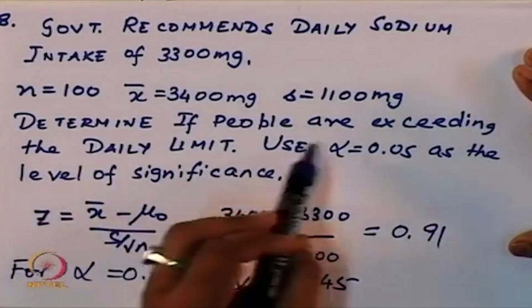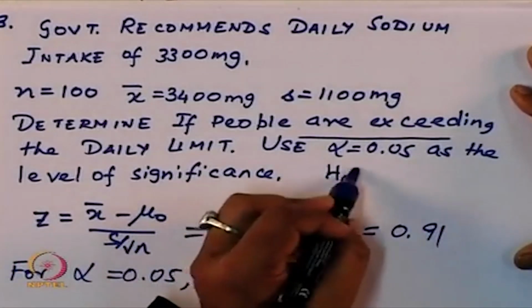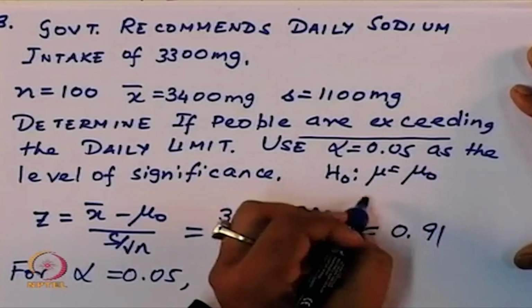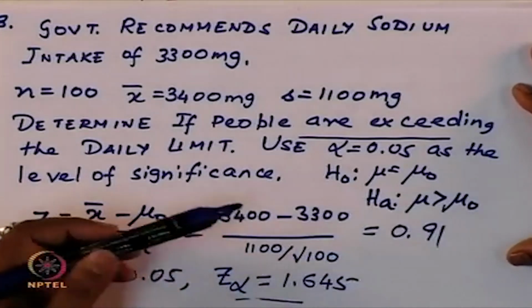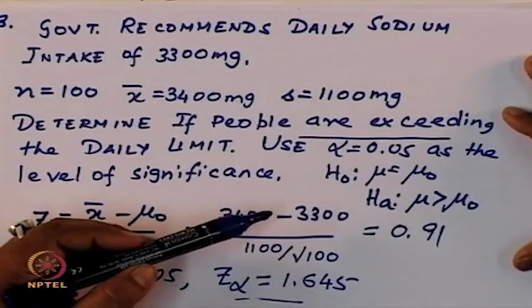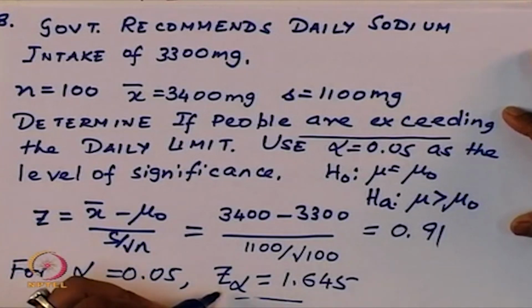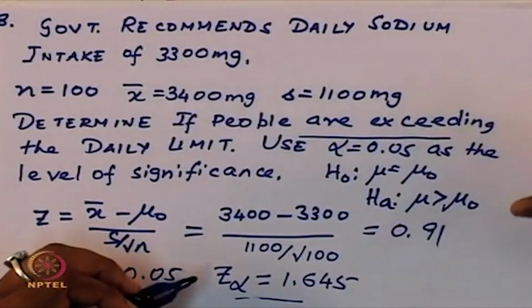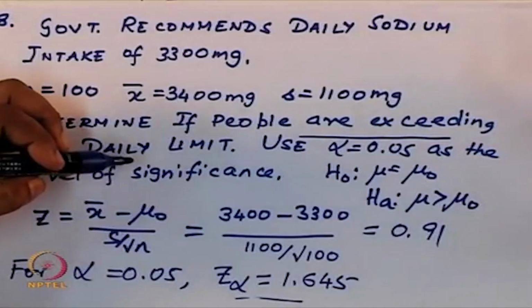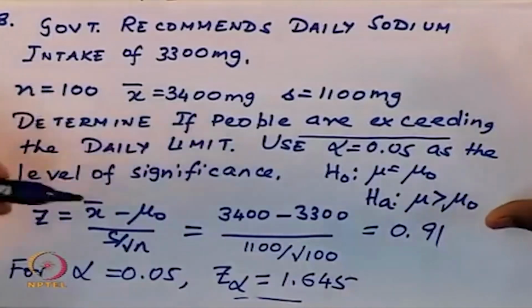Because we are asked if people are exceeding the daily limit. So H naught is mu equal to mu naught, and the alternate hypothesis is mu greater than mu naught. I need to use the one-tailed test of hypothesis, for which alpha equal to 0.05 gives Z alpha equal to 1.645. Since the value of the test statistic is less than Z alpha, I can say that this is not statistically significant. One cannot clearly say whether it has increased or not.